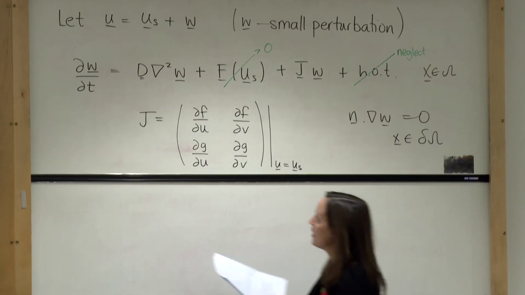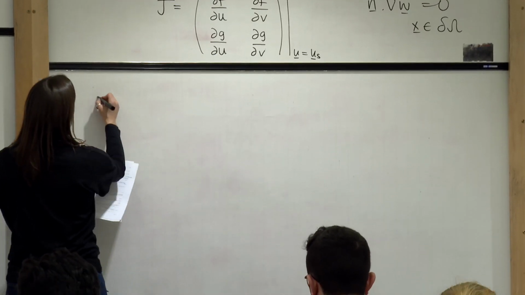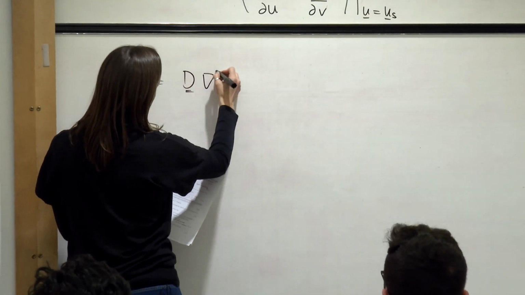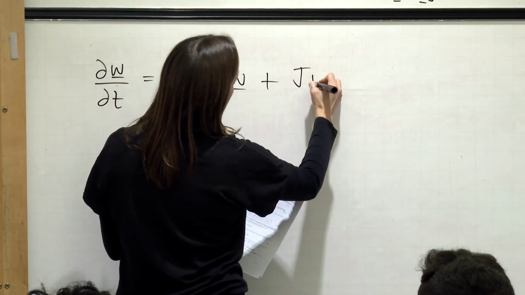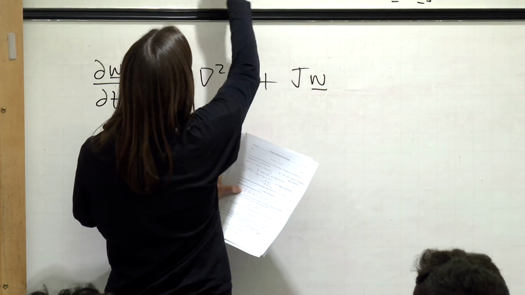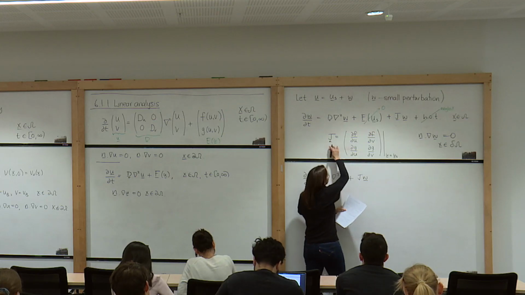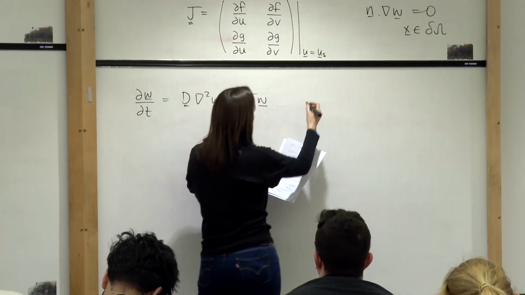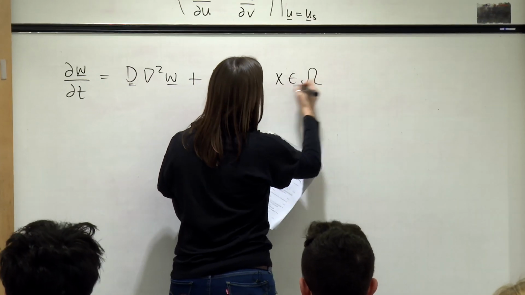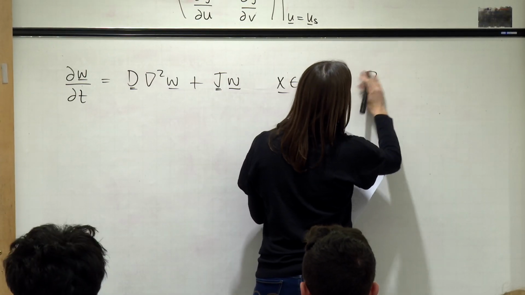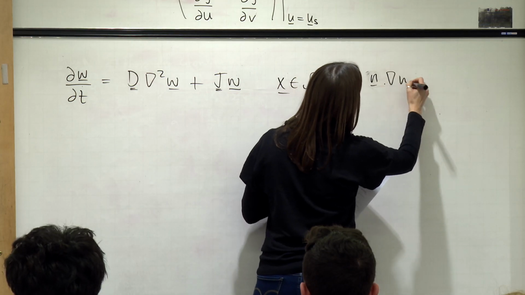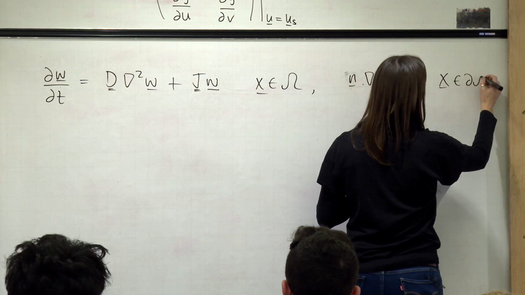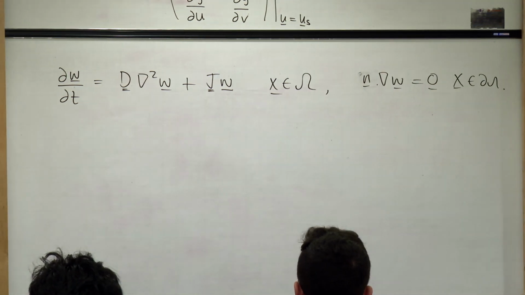So actually, what I wind up with is dw by dt is equal to D times the Laplacian of w plus Jw, where J is this matrix here, for x in omega, and n dot grad w equal to 0 for x on the boundary of omega.